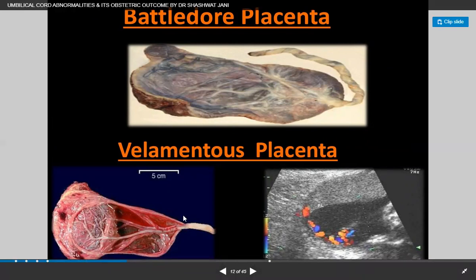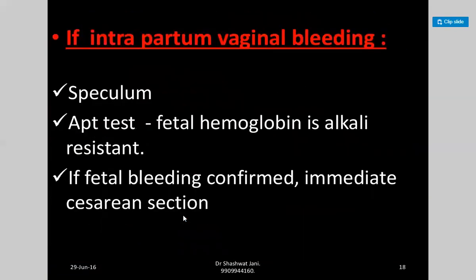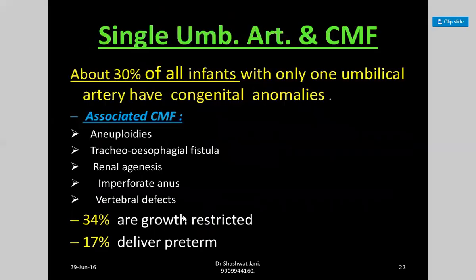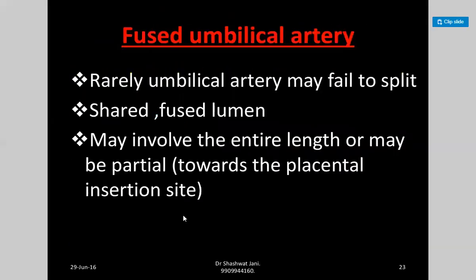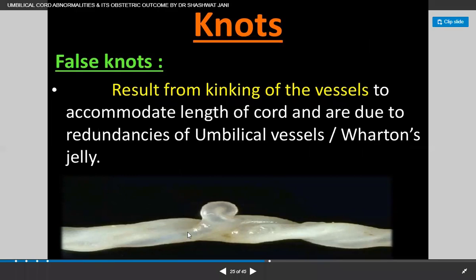So now we are continuing with the different abnormalities from the knot. There are two types of knots, the true knot and the false knot. See, this is the umbilical cord with the Wharton's jelly, and this knot looks like it is not an actual knot.